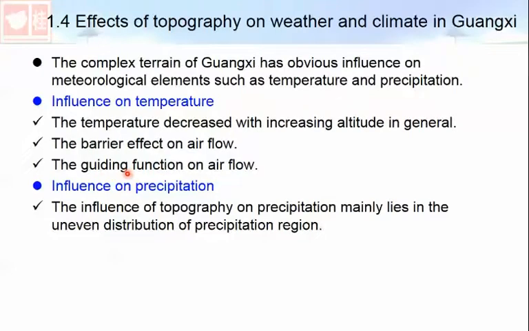For example, the Xiangui Corridor in the northeast of Guangxi is the main channel for cold air to invade Guangxi. Influence on precipitation. The influence of topography on precipitation mainly lies in the uneven distribution of precipitation in the region.